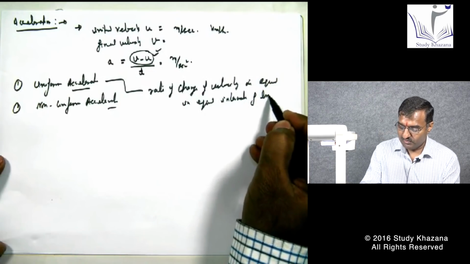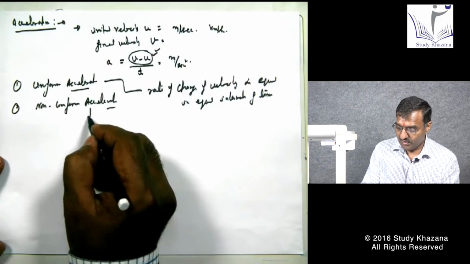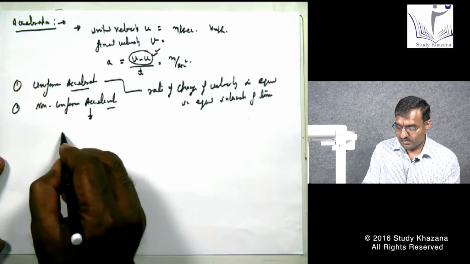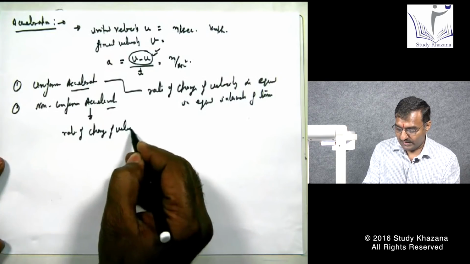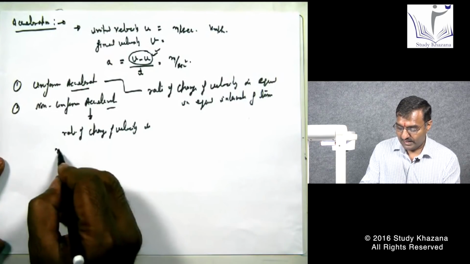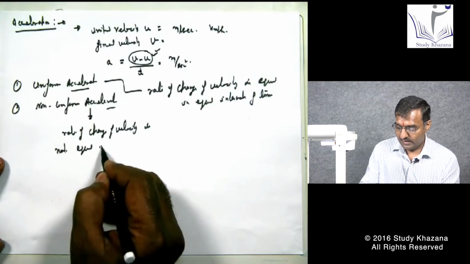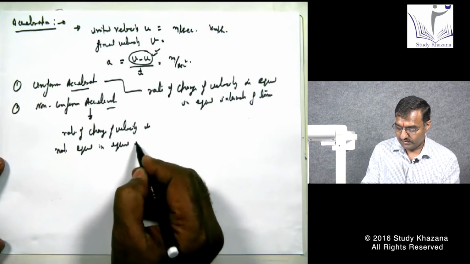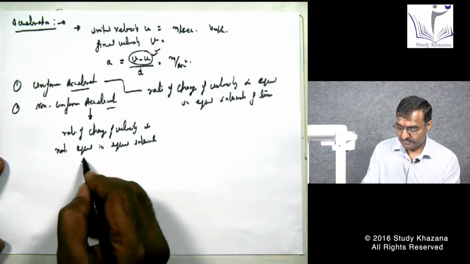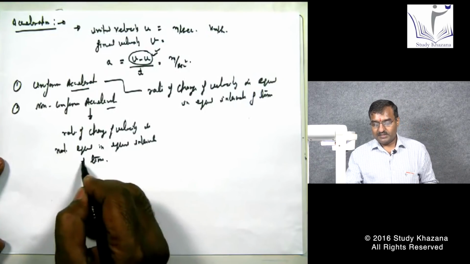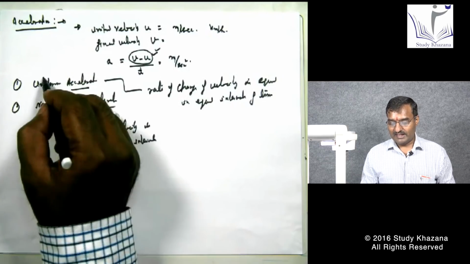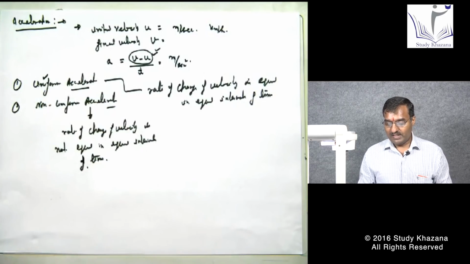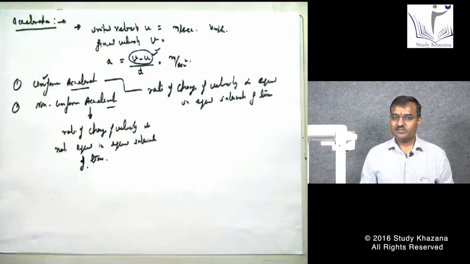But in case of non-uniform acceleration, the rate of change of velocity is not equal in equal intervals of time. So this is the difference, because uniform means constant acceleration, and non-uniform means the rate of change of velocity is changing in the given interval of time.